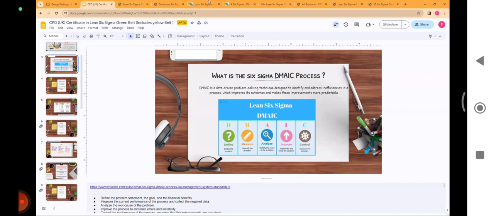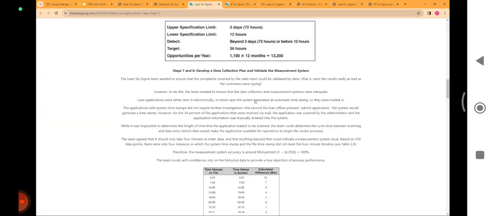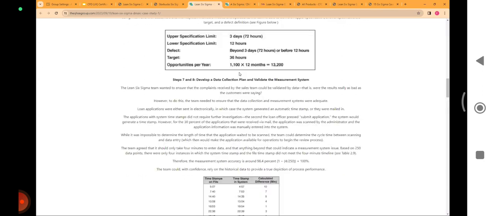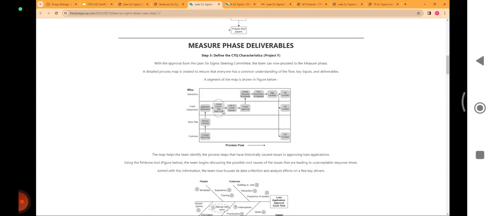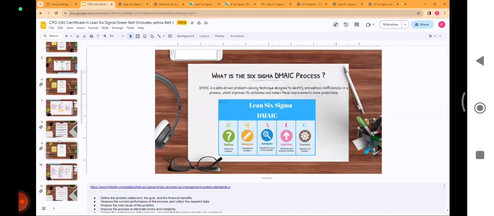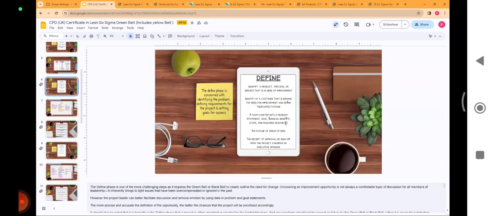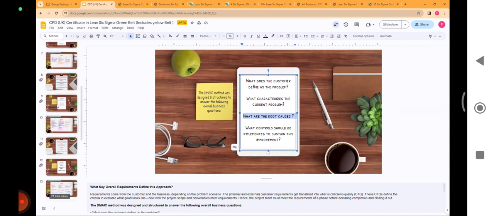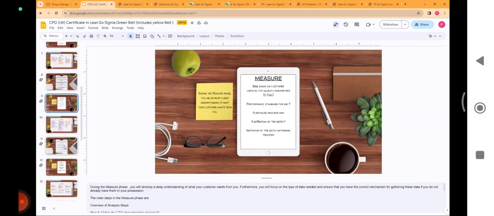In the analyze phase, the problem is this variation here: why are we having variation at this step that is historically causing problems, which you determined in the measurement phase. So we are now going to the stage where we determine what exactly are the root causes. That is the analyze phase.